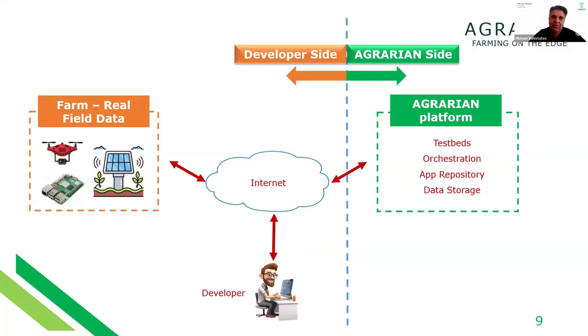It is you that have to bring them. So as you see in this picture, this is your side and you are responsible for all this side. And we have the platform with the test beds, the orchestration, the application repository, the data storage. And of course, we will assist you when you go through to integrate and to communicate with our platform.